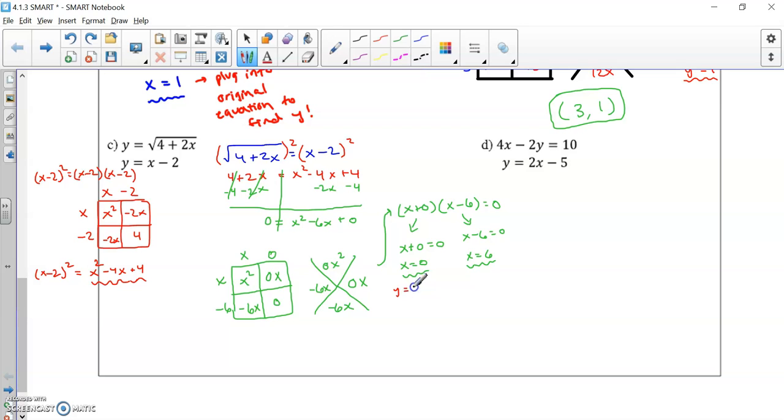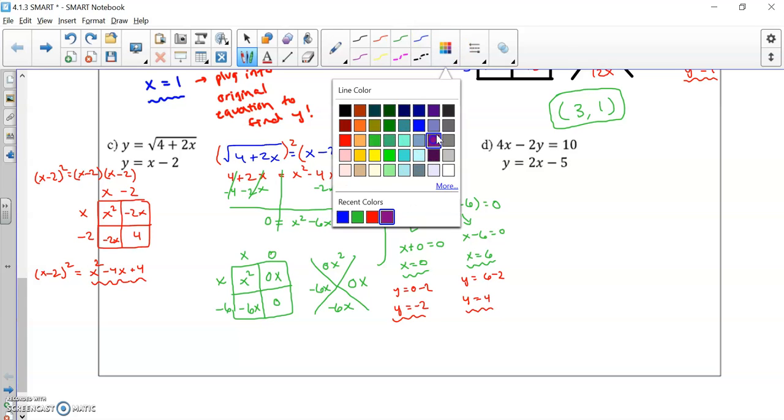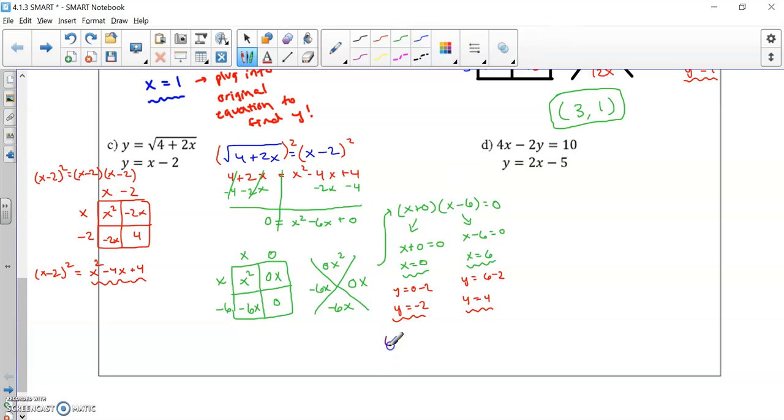So I would end up with y equals negative 2. And then here I would have y equals 6 minus 2, so y equals 4. Basically, my solutions are now 0, negative 2, and 6, 4.